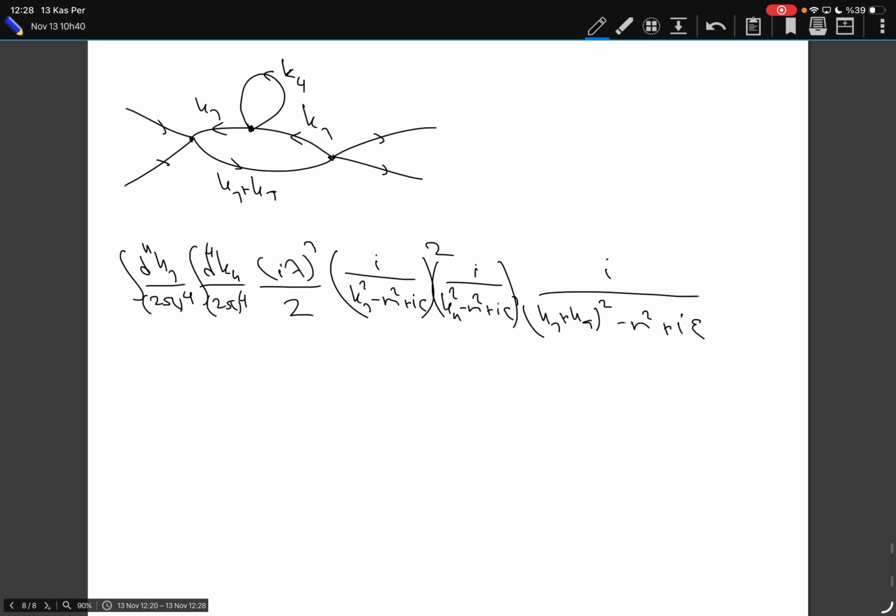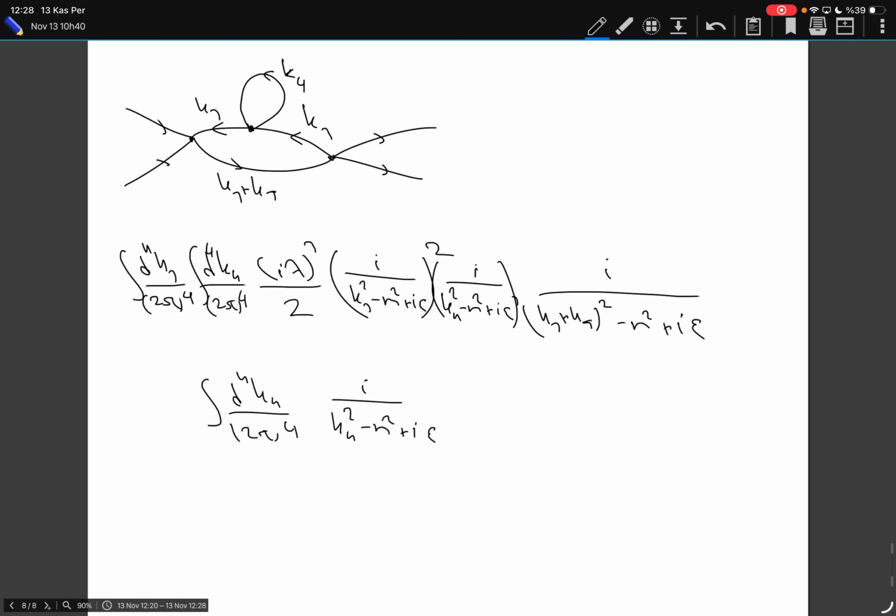Okay, we will not be evaluating these integrals for the time being at least. And the main reason that we won't be evaluating them for the time being is that they diverge. They're infinite. Now look at this one. Let me look at the contributions that come from very large values of k4.